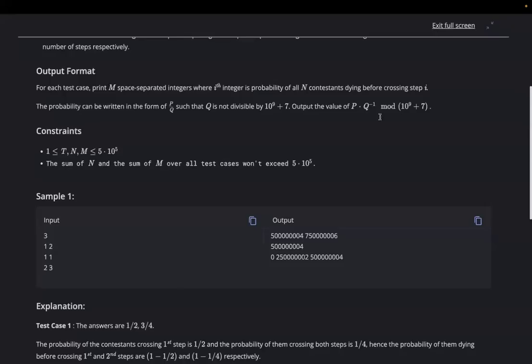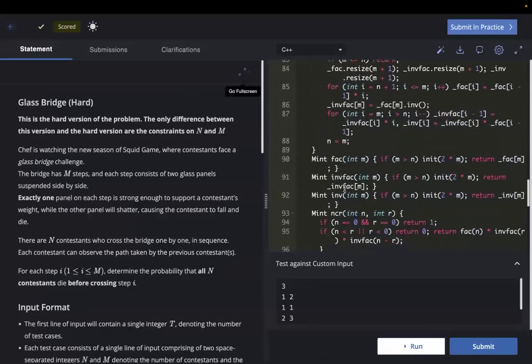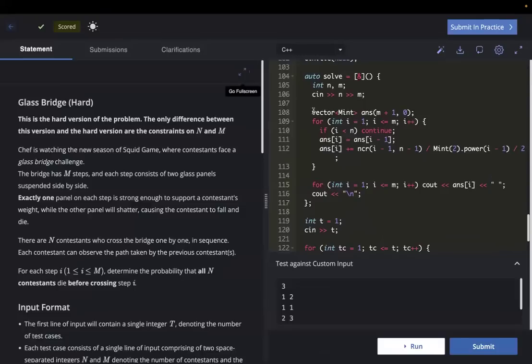Whatever formula we had got, I just used that same formula for solving the problem. I created an answer variable, went for each step from 1 to m. If I is less than n, then I know that nobody would die, so the probability is 0. Like not everyone can die among the first I steps in this case, so the probability is 0.